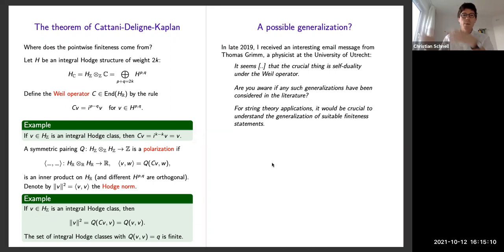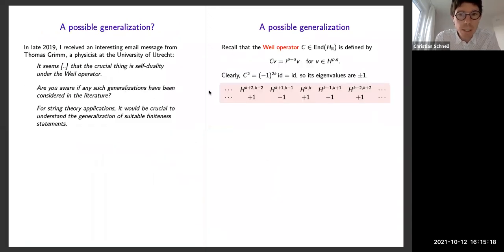Okay, so he has some kind of more general notion of some classes, and for them, he still wants some kind of finiteness. So again, let me explain what he's talking about, so what self-dual classes are. This is again defined in terms of the Weyl operator, okay? So the Hodge classes were classes that are eigenvectors for the Weyl operator. Now, the way the Weyl operator looks like in the even case is that the eigenvalue is actually just +1 and -1, and they alternate like this.